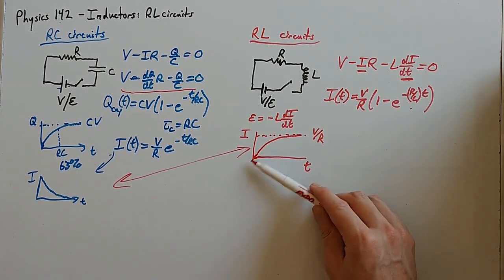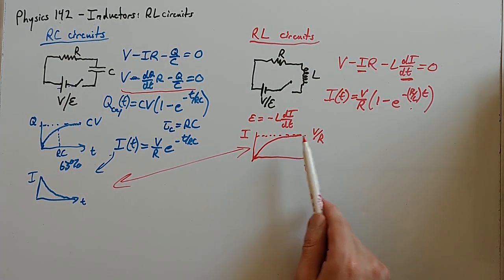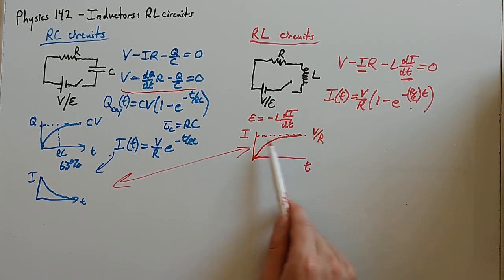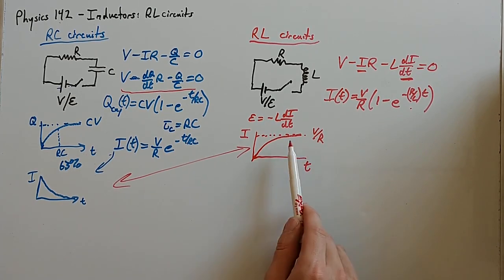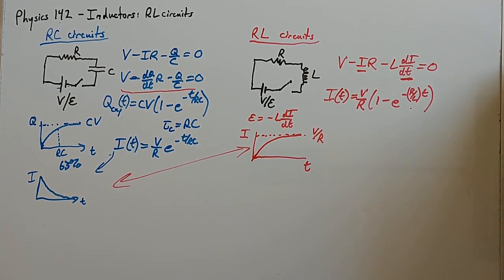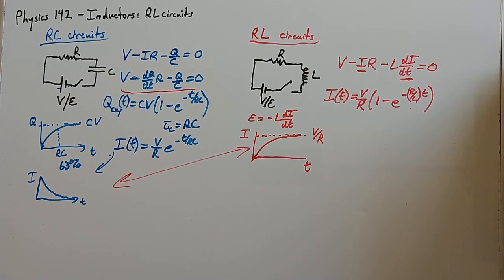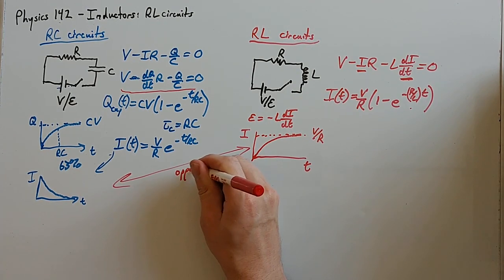They're really pushing back against that change. But in the end, once the current's up and flowing, they're like, it's fine, this is the way things are, let's keep it hunky-dory. They basically act as wires after a long period of time. After a long time, it's just V over R here. So in a way, they're sort of opposites.